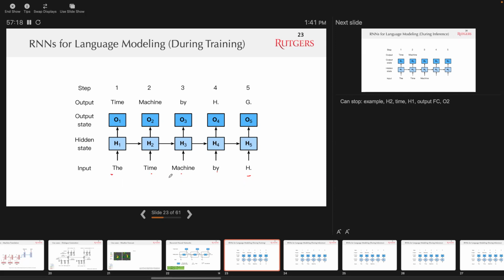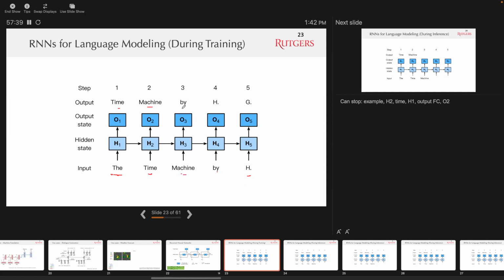The output is always one word, the next word that corresponds to the input. For input time, the output is going to be the word machine.